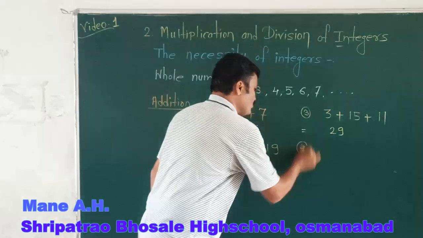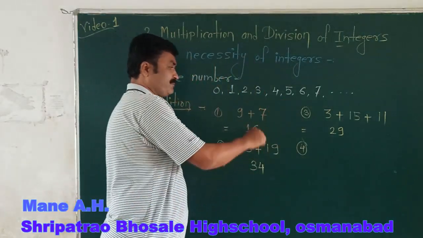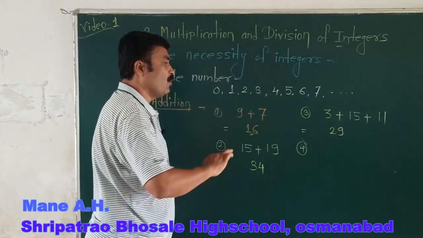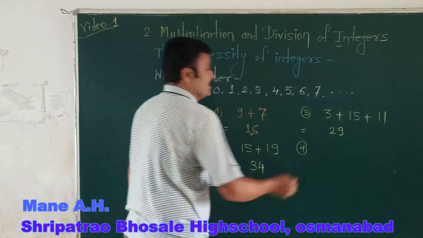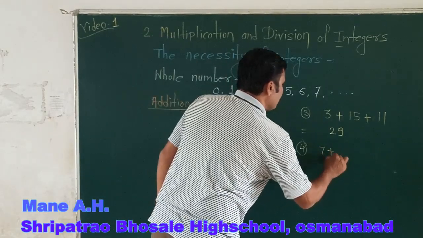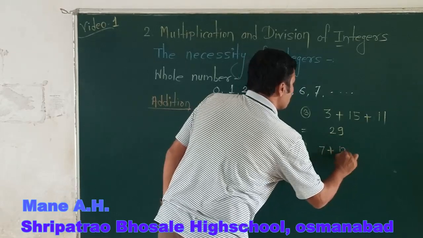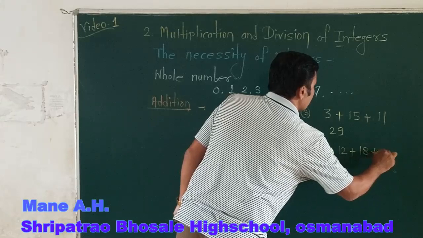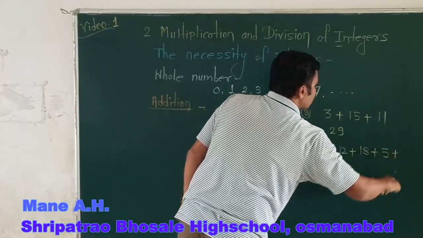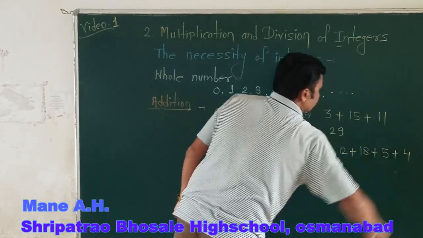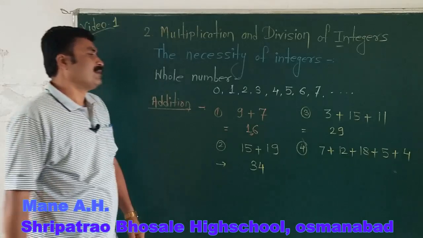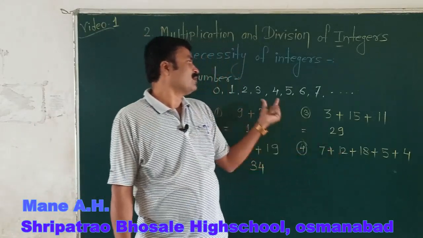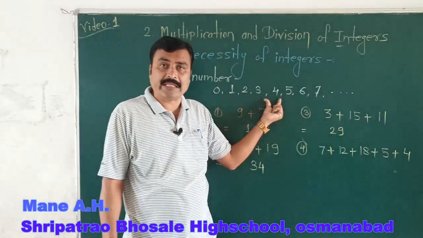Let's proceed towards the fourth example. In this fourth example, I am taking a group of more than 3 whole numbers, in this way: 7 plus 12 plus 18 plus 5 plus 4. Now, in the fourth example, the 5 numbers all belong to the group of whole numbers.